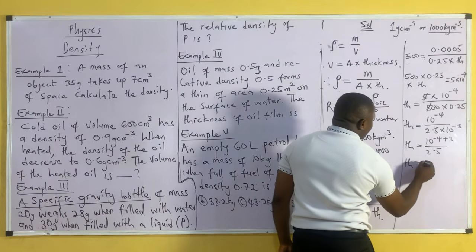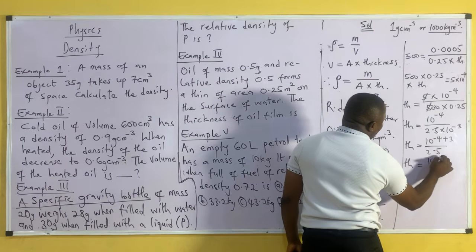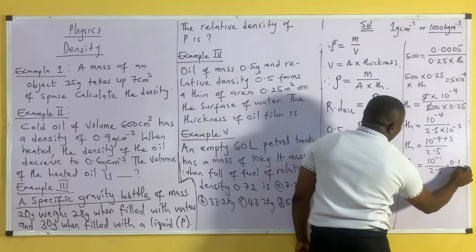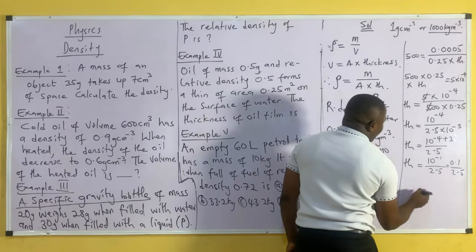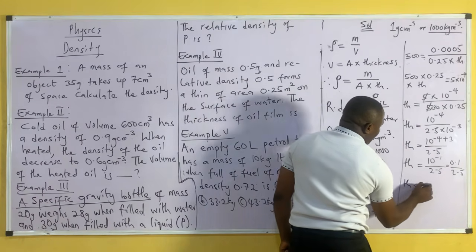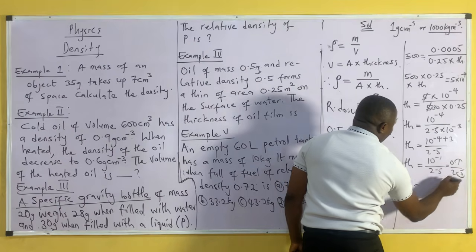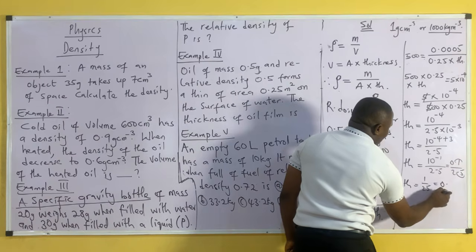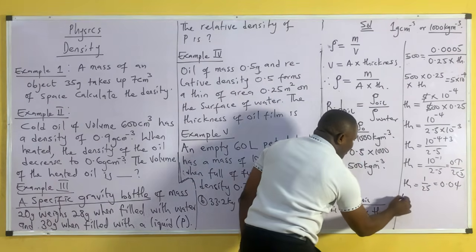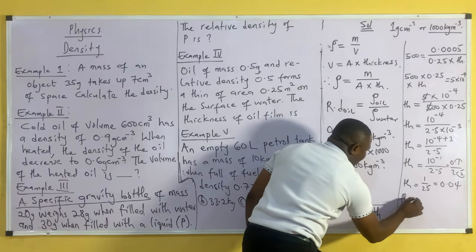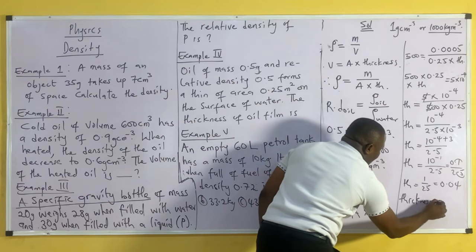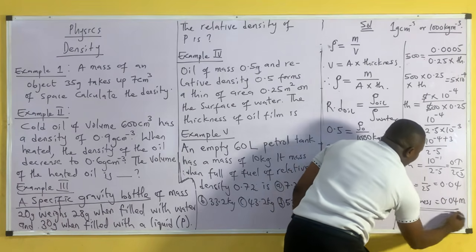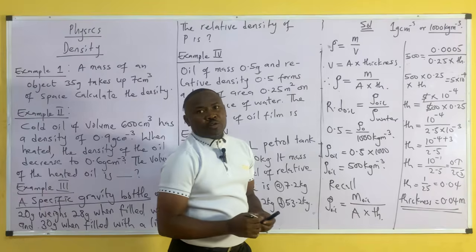So thickness will be 10 raised to the power minus 1 over 2.5. That will be 0.1 over 2.5, which is 1 over 25, which equals 0.04. So thickness is equal to 0.04 meters. That becomes the answer for thickness, 0.04 meters.